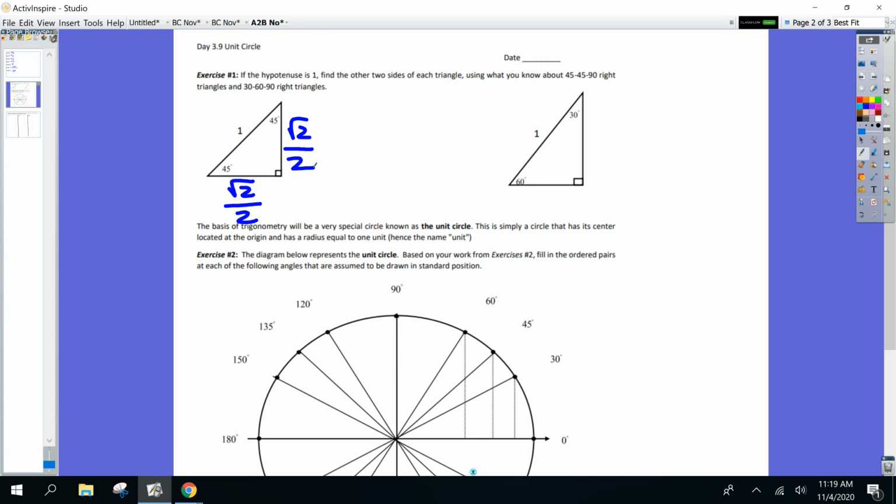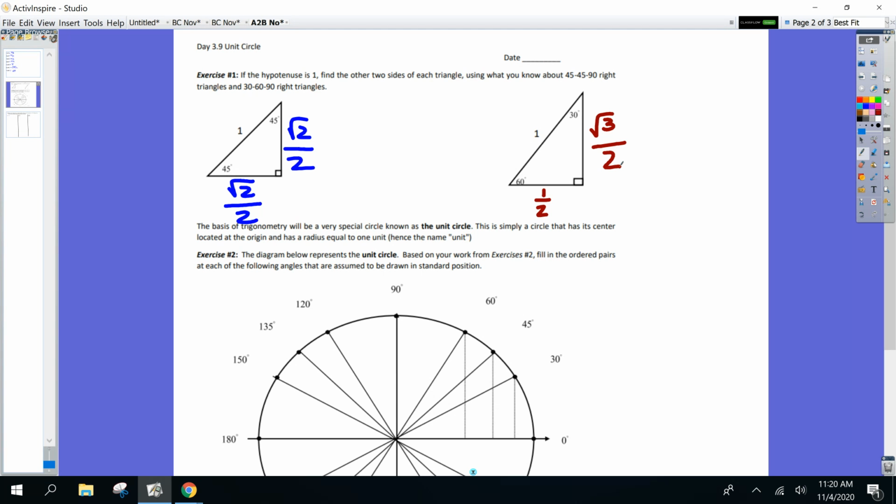If the hypotenuse is 1, the side across from 30, opposite the 30-degree angle, will be 1/2 every time, as long as the hypotenuse is 1. And what about the side across from 60? It will be radical 3 over 2. And if we did our charts and everything, that's what everything would come out to be.